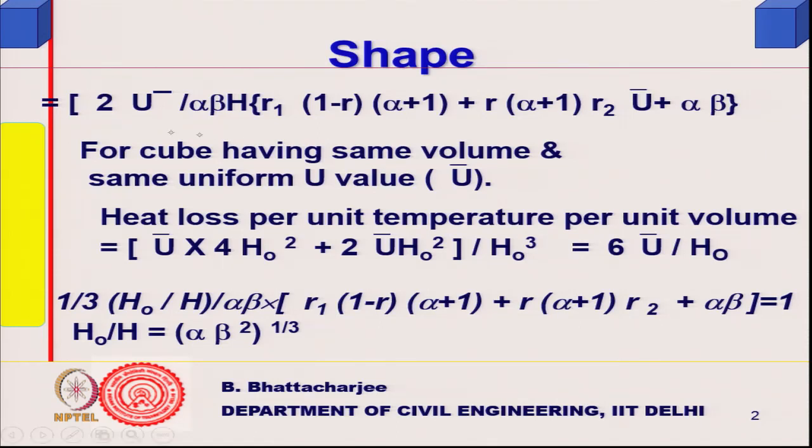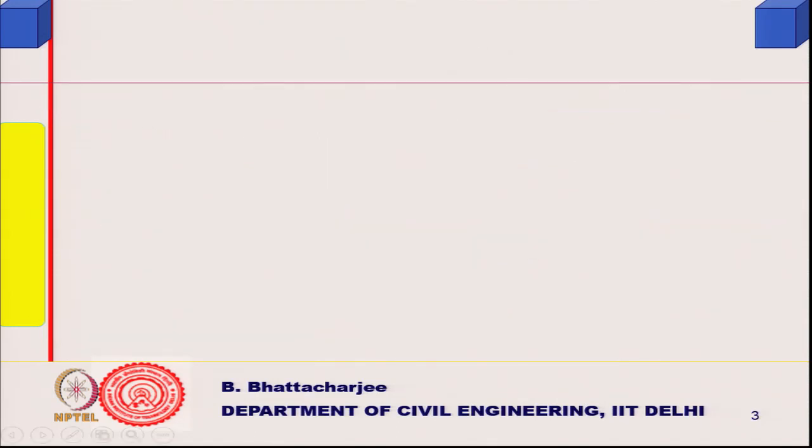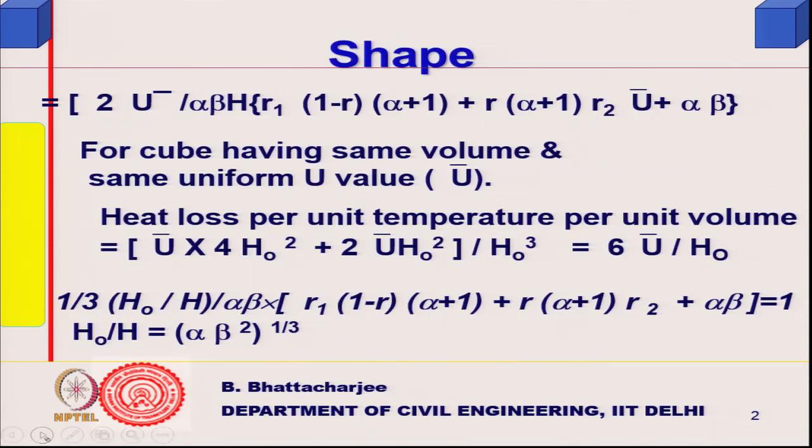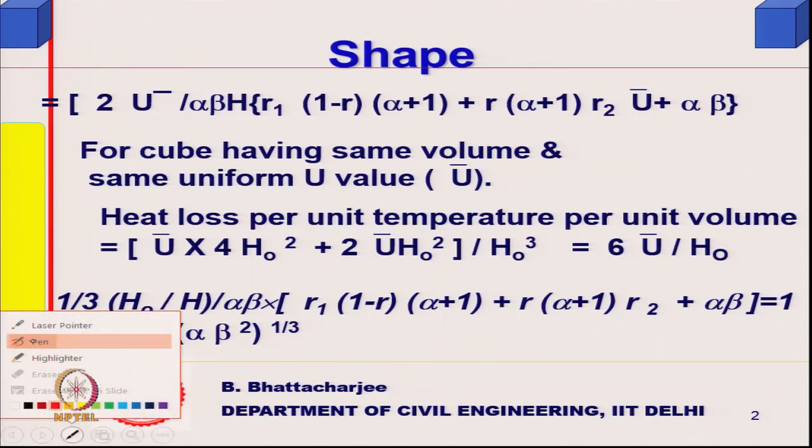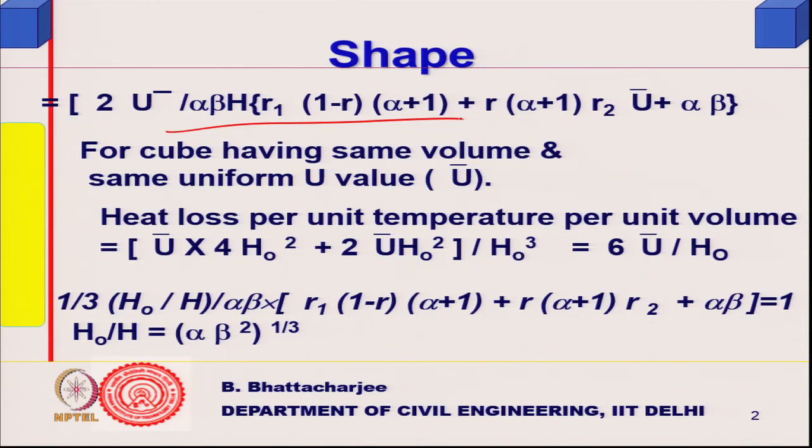Finally, if you do this algebra, this divided by 6 u by h 0, u bar will cancel out, h will remain, and it will turn out that h by h 0 is equal to alpha beta square to the power 1 by 3.